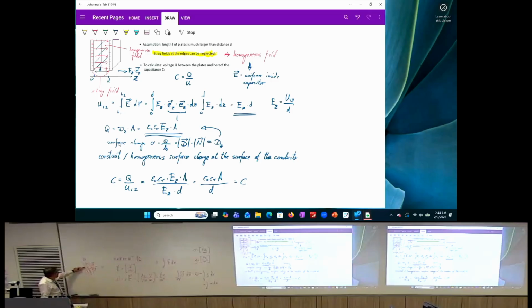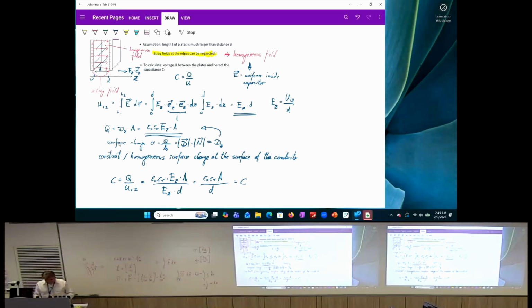Inside here, you also have no contribution because you're in a conductor, and we said in a conductor, you never have an electric field. So in the end, in this situation, you can just take the D field, which is ampere second per square meter, and multiply it with the area that you're looking at, and then you get your surface charge.